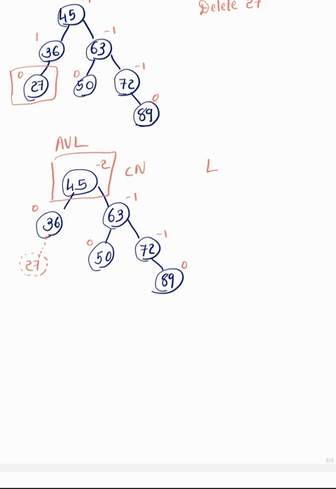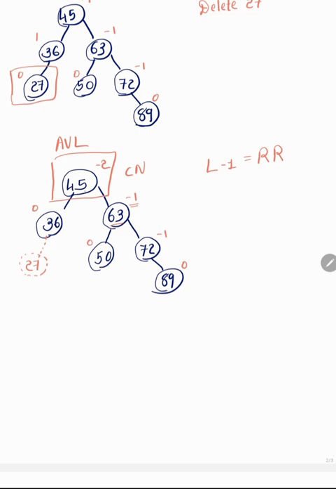So here critical node 45's right child is 63, and 63's balance factor is -1. So it's an L-1 rotation, right? And again this L-1 rotation is nothing but your RR rotation only, right?